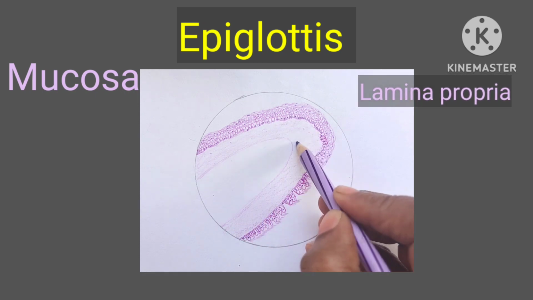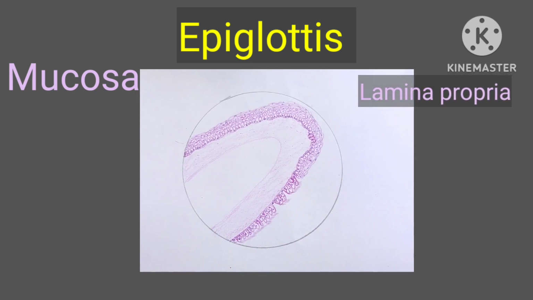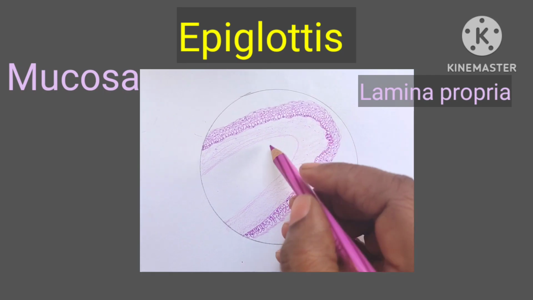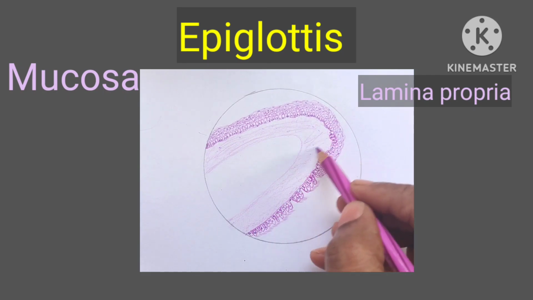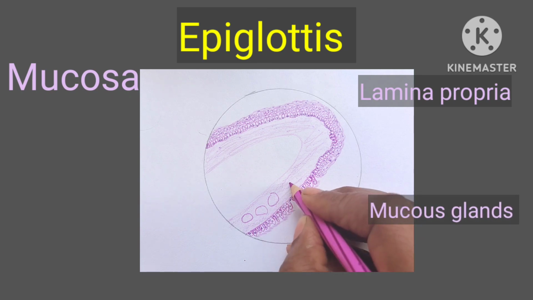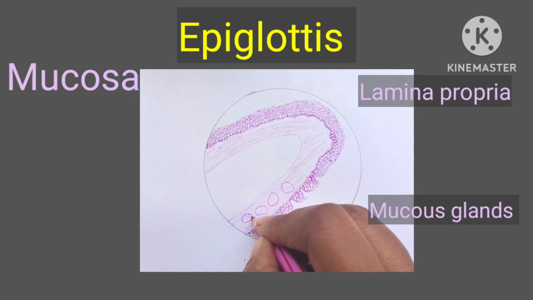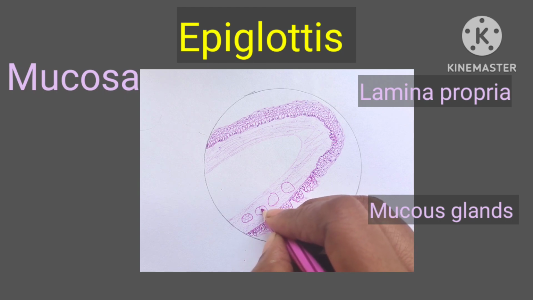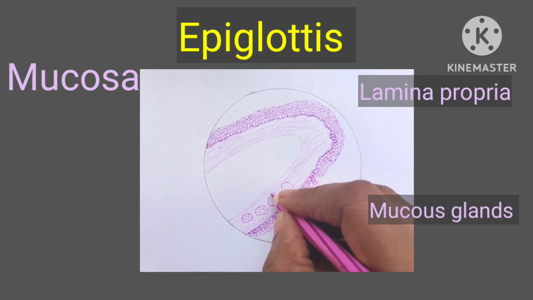Below the mucosa, we have lamina propria. Lamina propria contains some fibroblast cells, lymphocytes, eosinophils, some loose connective tissue fibers, and blood vessels also. I forgot to mention the blood vessels over here. You can write some small capillaries in the lamina propria.